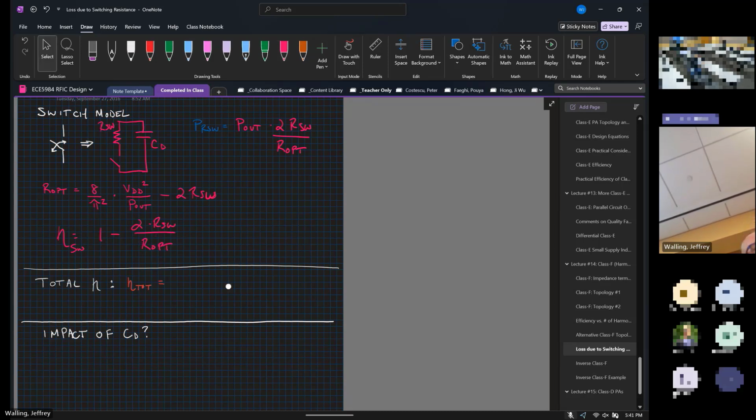Now we can start folding in non-idealities from the switching loss. Of course, the total efficiency is the product of really all of the different losses we might have in the circuit. So we just found the switching loss.